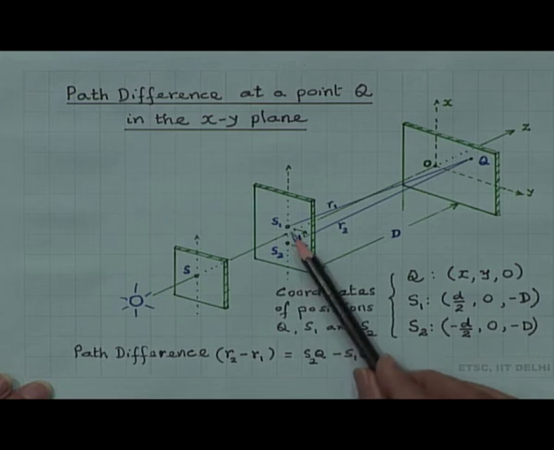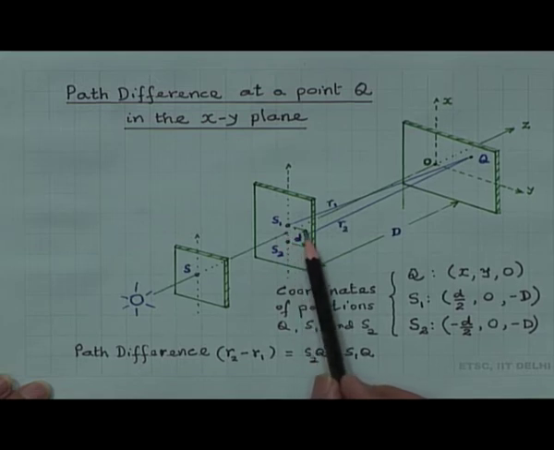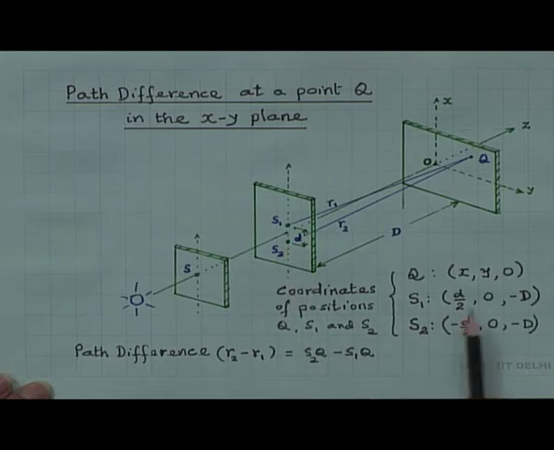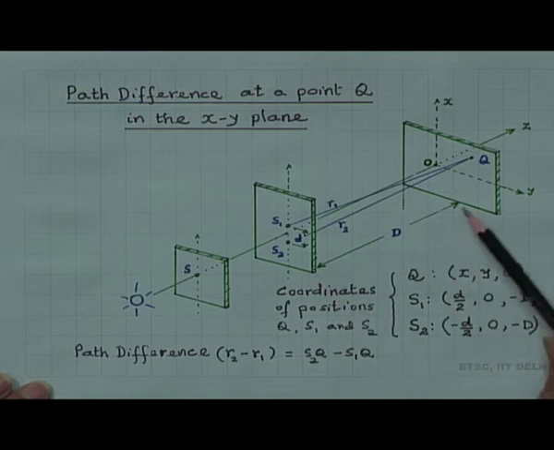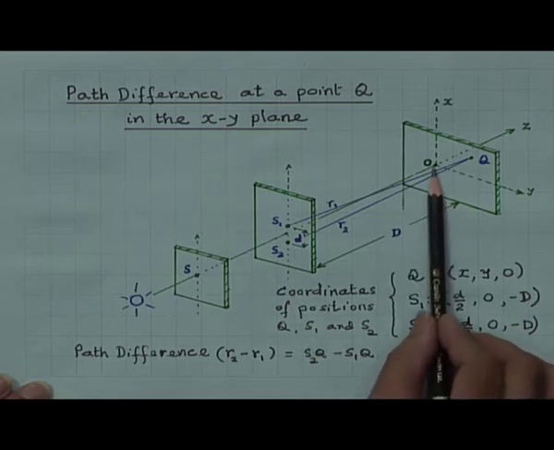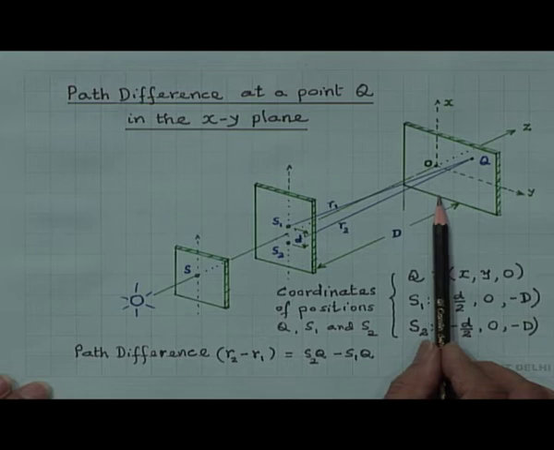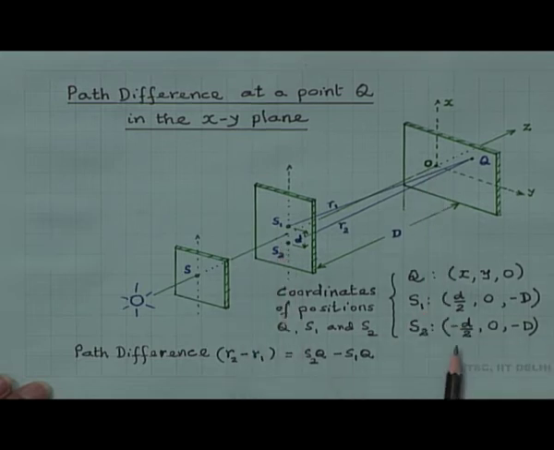Therefore, the corresponding coordinates of S1 and S2 are, for S1, d by 2 as before, because the total separation is d, 0, and minus D, the separation being D in the reverse direction. Similarly, S2 is minus d by 2, because it is in the lower x axis below 0, and the coordinate here is minus d by 2, 0 and minus D.